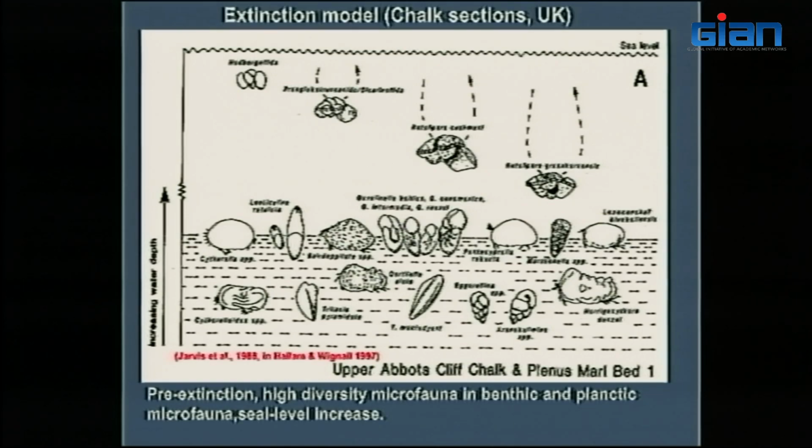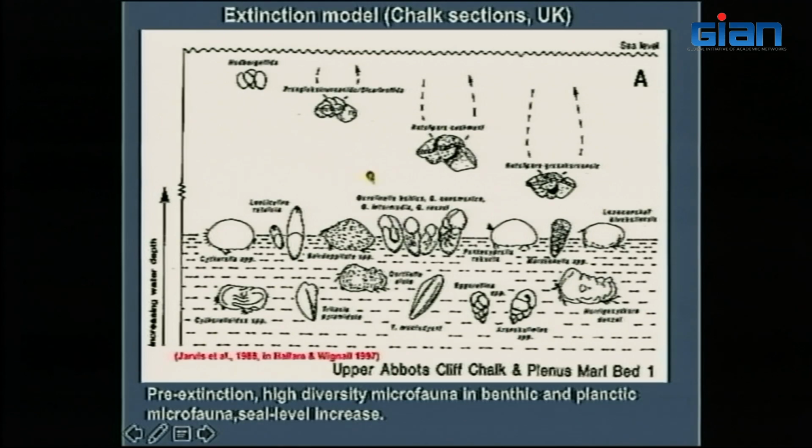So what you have is a very high diversity of microfauna, both benthic, as you have here. There are some ostracods, and quite a lot of benthic foraminifera. And we are talking mainly about microfauna here. And some planktic microfauna, which are also quite well diversified.